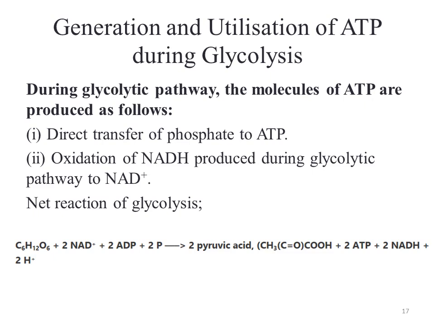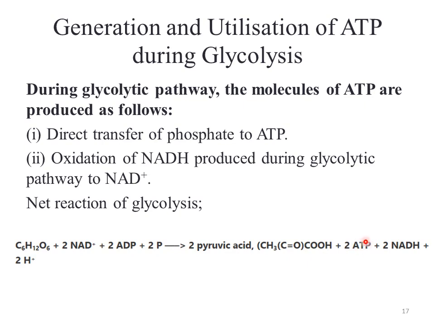So the net reaction of glycolysis includes the glucose molecule, in the presence of 2 NAD molecules, 2 ADP and 2 phosphate, getting converted into 2 pyruvic acid. This is the chemical formula for pyruvic acid, and 2 ATPs.